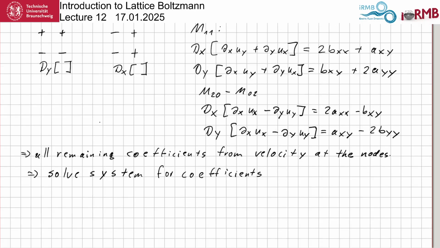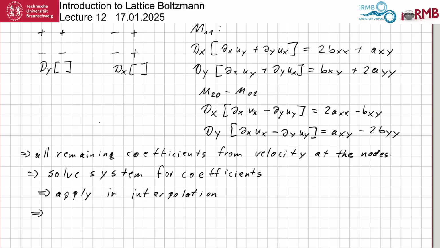And then what we do is we apply this interpolation, in order to get the velocities at the nodes that we want, and we want to have the non-equilibrium part.